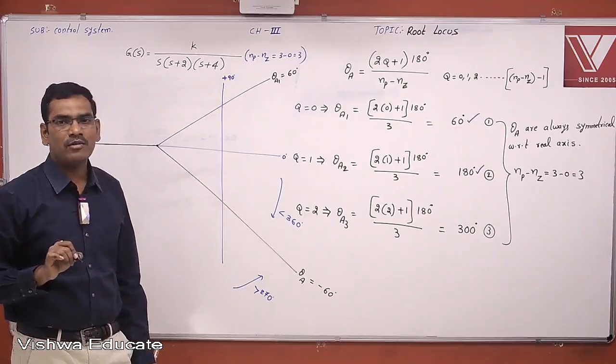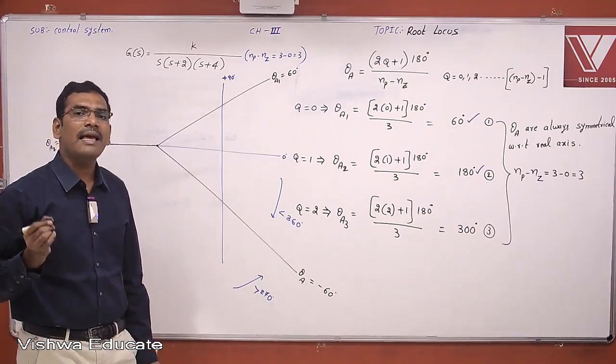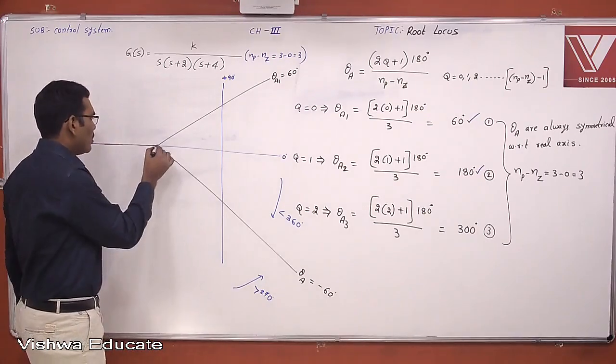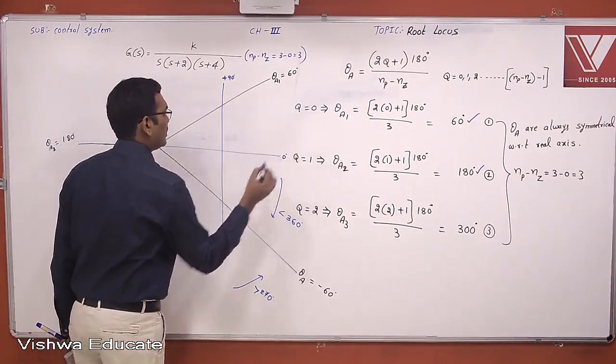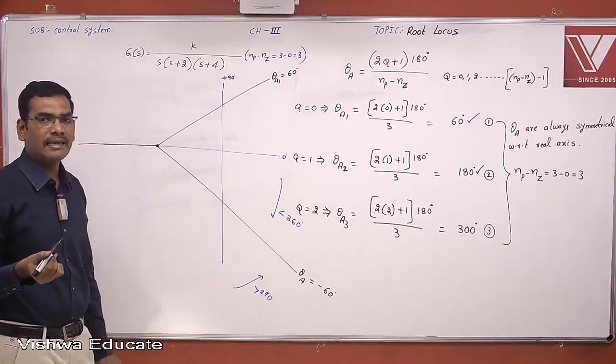Now there is another question: where do you start the angle of asymptote? Who says you want to start here? I may start here, I may start there. Where do I want to start the angle of asymptote?